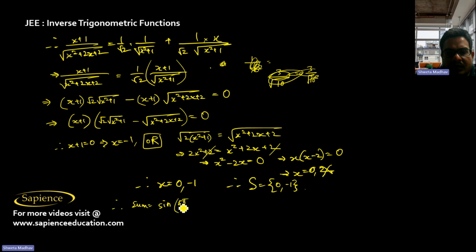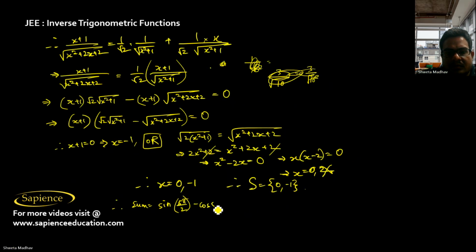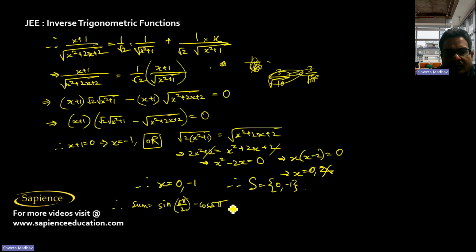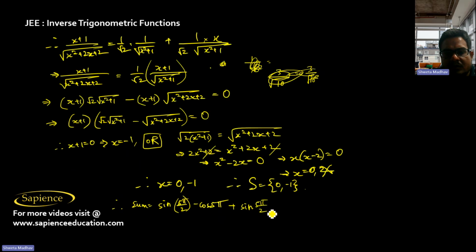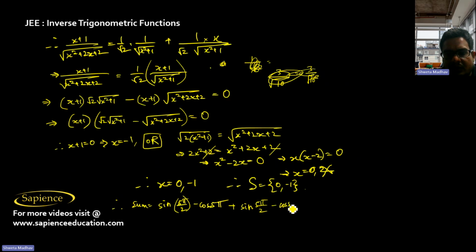So sine 5 pi by 2 minus cos 5 pi, then plus sine of, if I put minus 1, this will be 1 minus 1, that will be 0. So again sine 5 pi by 2, then minus cos of 1 minus 1, again that is 0 here. So again that is cos 5 pi.